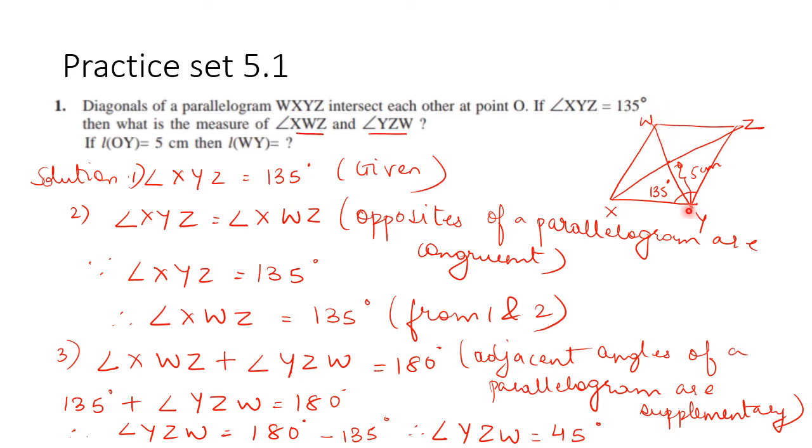So the property of the parallelogram says that the diagonals of the parallelogram bisect each other. So OY is equal to half of WY. So we can find out WY. We can write that OY is equal to half of WY. Why?